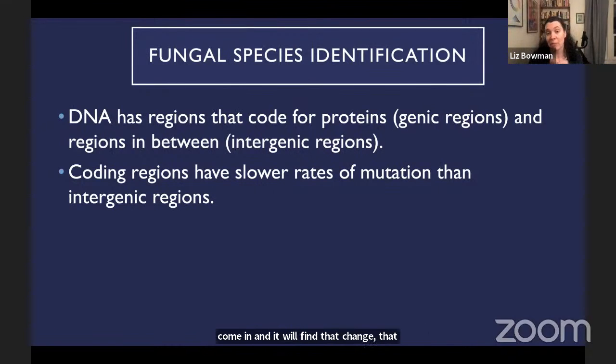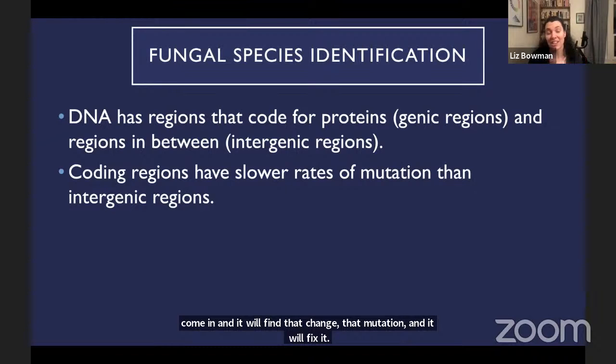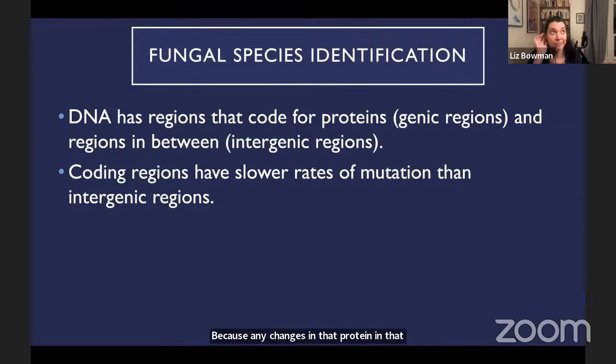Any change in that genic region can change the protein, which could be really bad. It could kill us. So it's really important that we have these things that fix errors that can arise. When mutations arise in intergenic regions, though, it doesn't really matter because they don't code for anything. So they can accumulate mutations at a faster rate. So you have different rates of evolution.